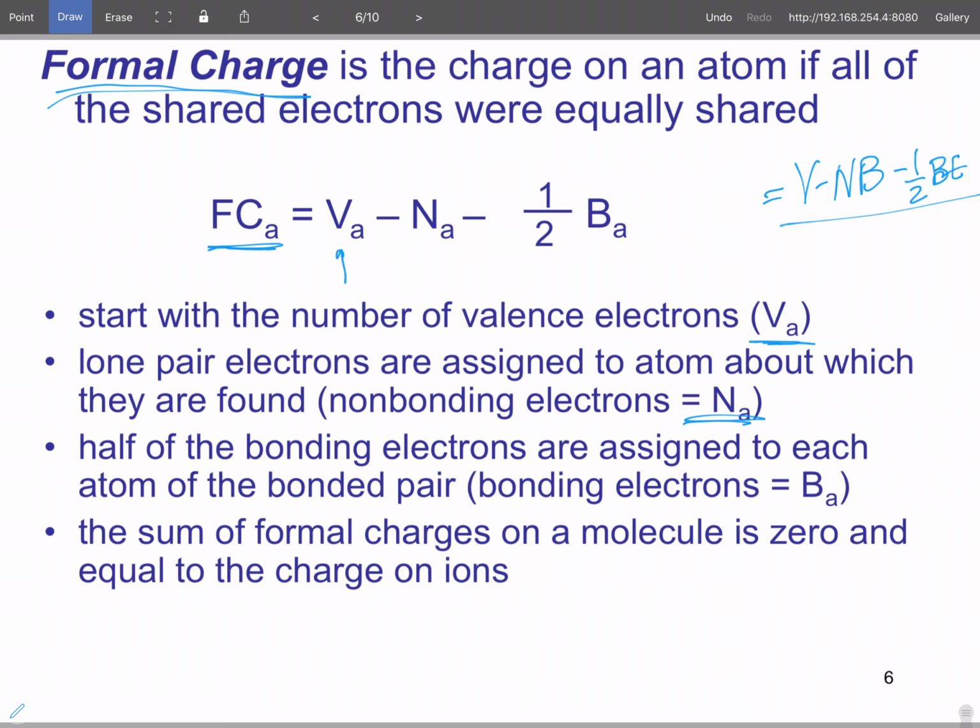So the rule of thumb is the sum of the formal charges has to equal whatever the charge is on the component you're looking at. If it is a neutral molecule, then it must equal 0. If it's an ion, it has to equal the charge. So let's look at some formal charges.